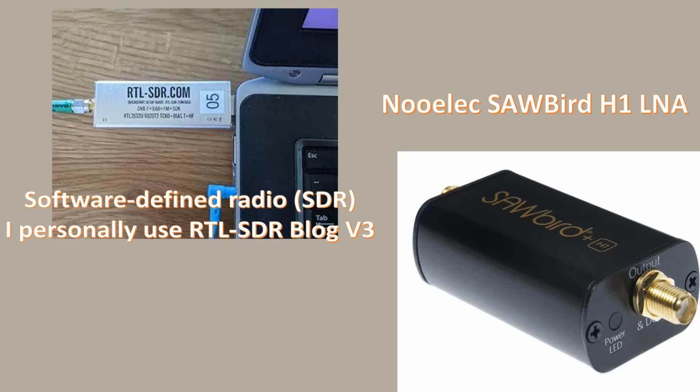It just basically means you get one of these and shove it just behind your dish or your horn or whatever it is that you're using to collect your data, as close to the feed of that horn or dish as you can, and then your cable comes out the other end and you can forget about it. Works very well.